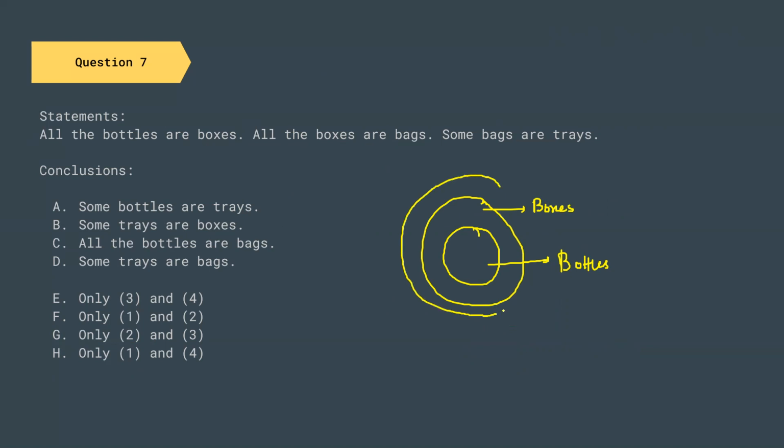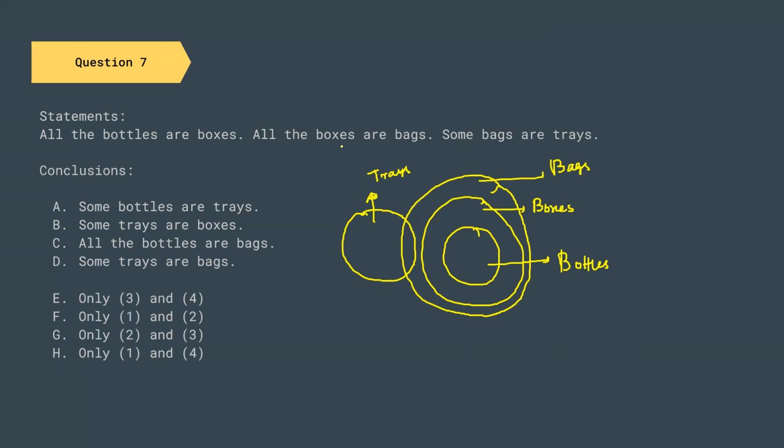So bags is again going to be a superset of boxes. So this will represent your bags. Some bags are trays. So I will take another smaller part and I will just overlap it with bags because I don't know if trays are going to overlap with boxes or bottles or not. So this circle stands for trays.